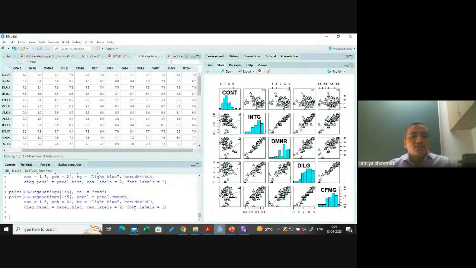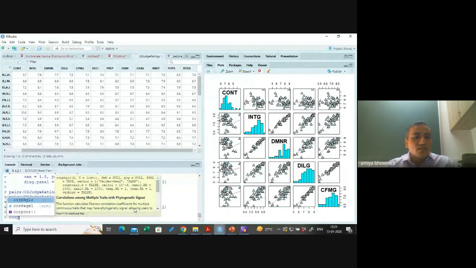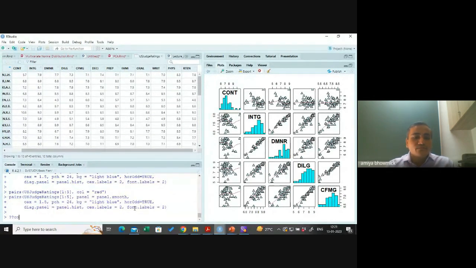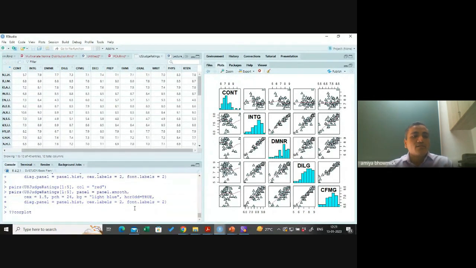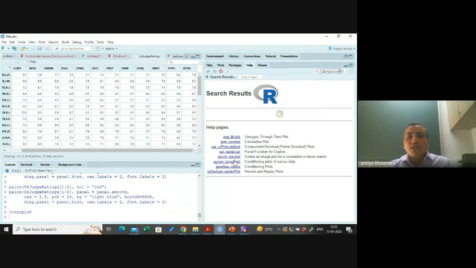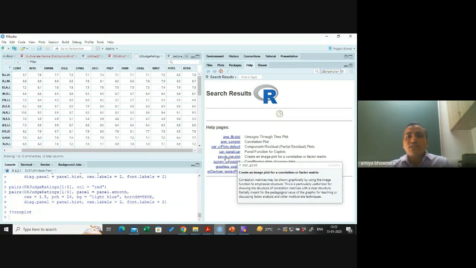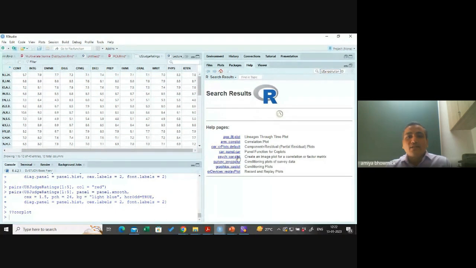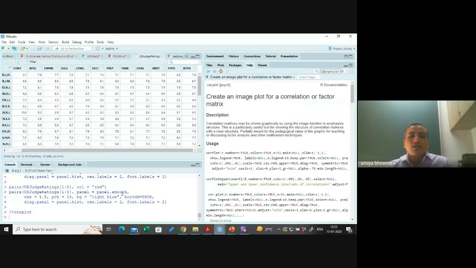So I think this function is being covered over here, a function called corPlot, which is a correlation plot. With the double colon mark you can get into it actually. So there is another correlation plot, if you can see that. PSYCH, right? This is one of the very interesting packages actually.